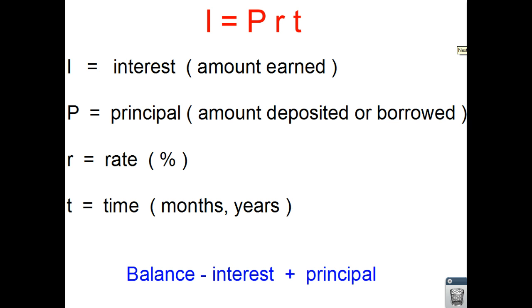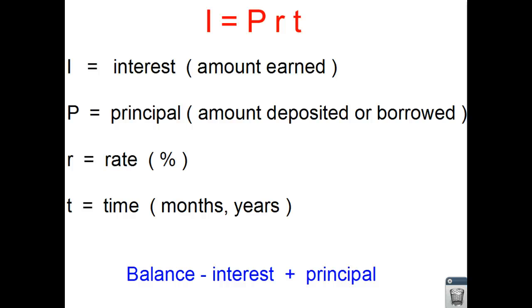Here is the equation used for finding the simple interest. Now each letter is representative of an idea. So I is the interest, and that's the amount that you are earning. The P is the principal. That's the amount that we put into the bank, or the amount from those people that need to borrow the money.